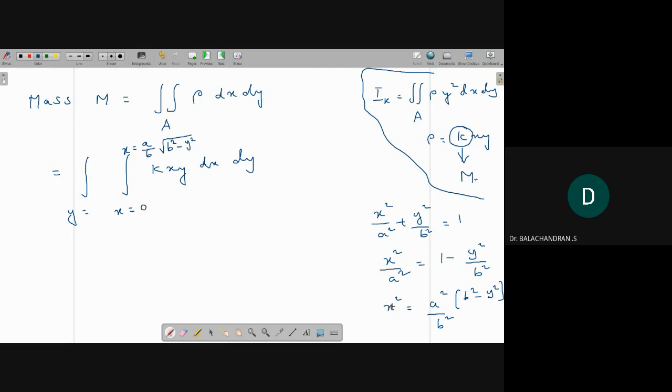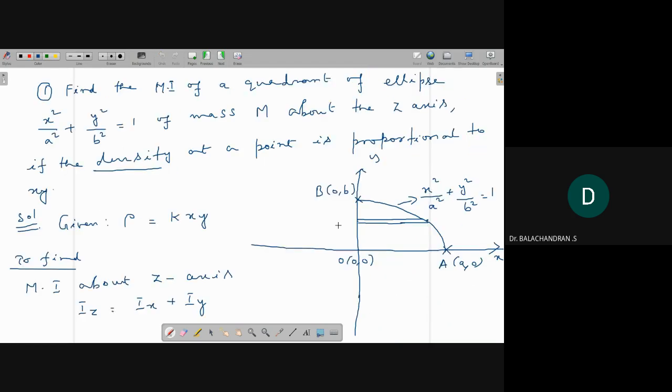So x is equal to a by b root of b square minus y square. Actually, plus or minus, but we are in the positive quadrant, that's why you take the positive one. The remaining part is you need to integrate. So y varies from 0 to b.